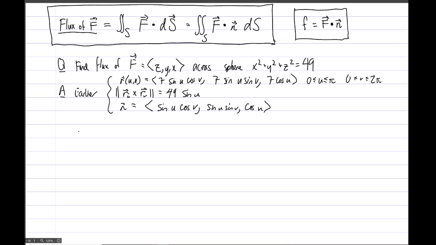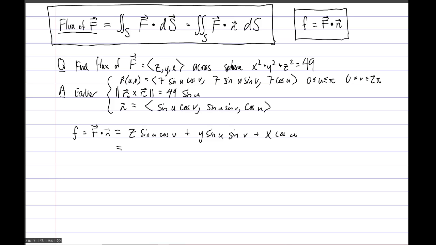That's stuff we had worked out earlier, just mentioning this so that we can save a little time on the problem. And then the lowercase f, the function that we're going to eventually need to integrate, should be the vector field dotted with the orientation. If we work that out, we're going to end up with z times sine u cosine v plus y times sine u sine of v plus x times cosine of u. But we should get everything written in terms of u's and v's.